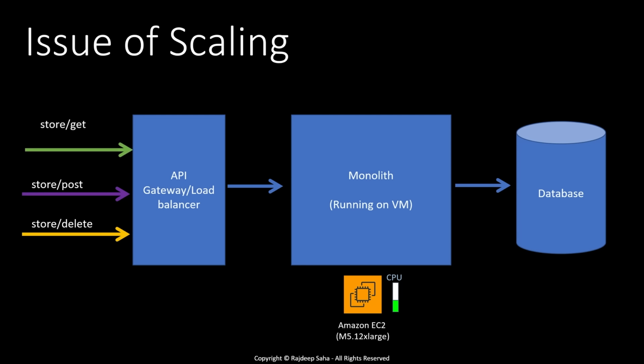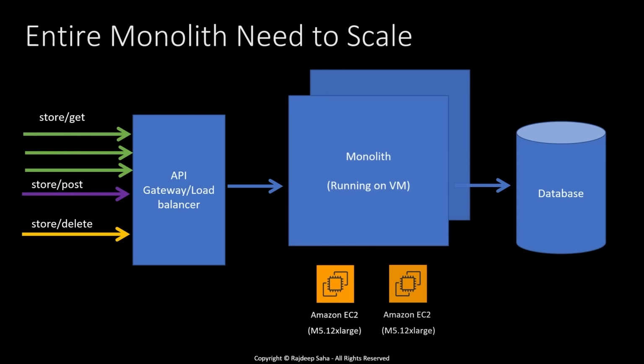So let's say the traffic for store/get increases. So the CPU, as you can see, increased to a threshold limit. And if you have an auto-scaling group set for this virtual machine and the threshold for that auto-scaling configuration is exceeded, which it is in this case, instead of scaling just the CPU needed for the store/get component, you have to scale the entire monolith, right?